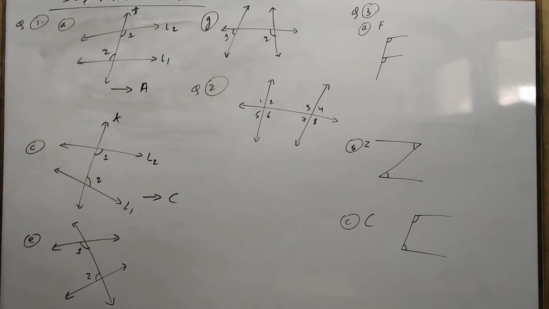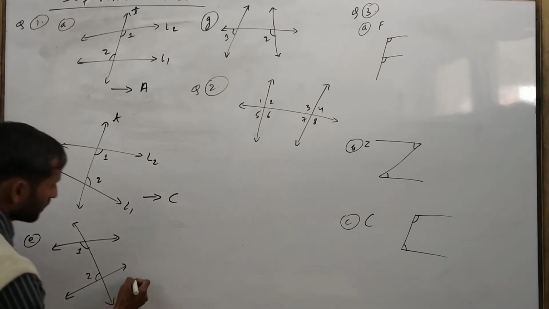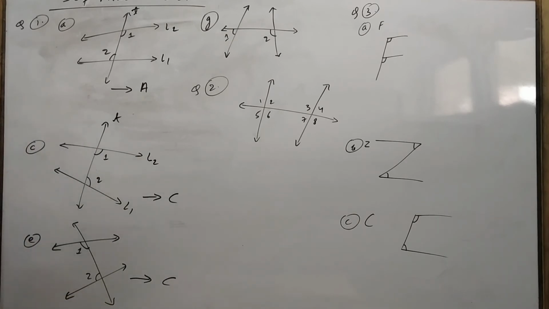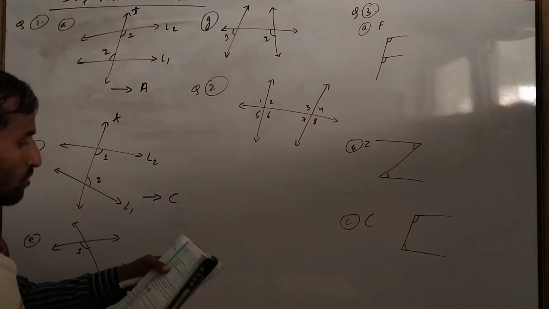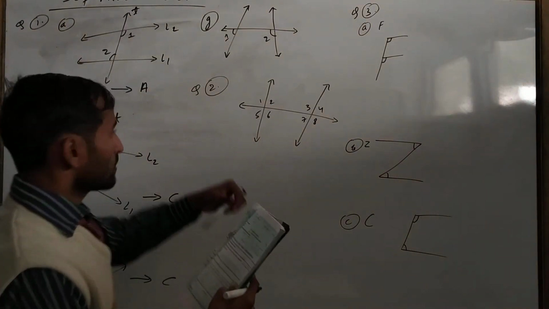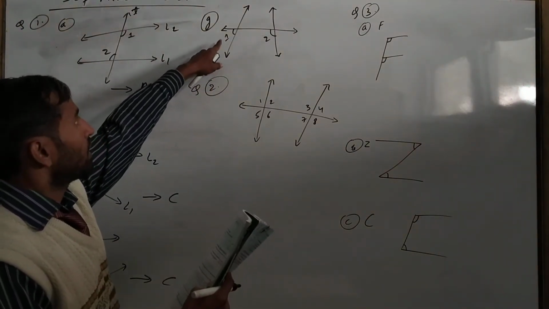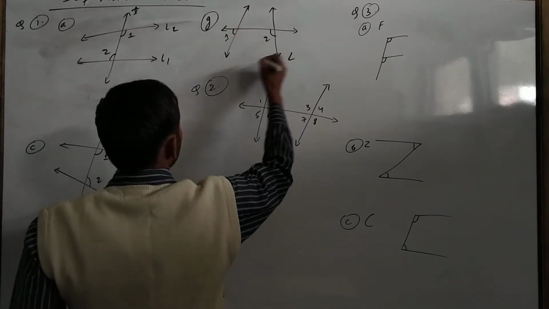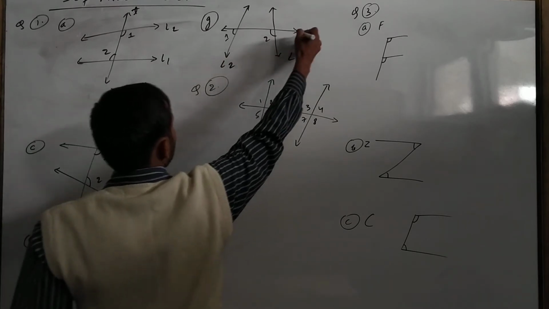Okay. Same in the E part also. Here one side is given. So these are called co-interior angles. And C, F. Before that, the T part I have left for you. Now we have to do F and G. So in the G part, angle 1 and angle 2, here line L1 and this one L2, and this one is the transversal line.